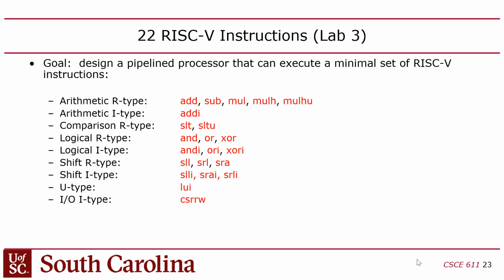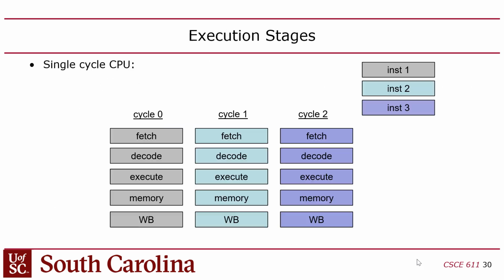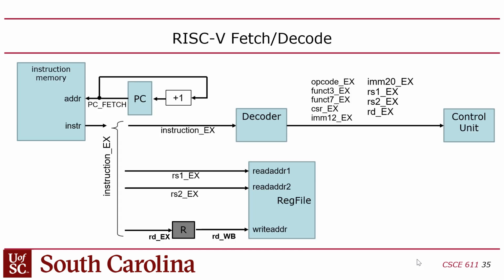So the only exception is the CSRW if the immediate is F02. Okay? So that signal seems kind of redundant, right? But there'll be more instructions that don't write a register in the next lab, so we still need that reg-write.